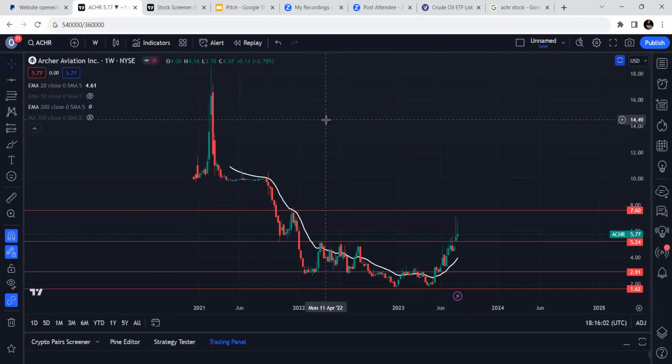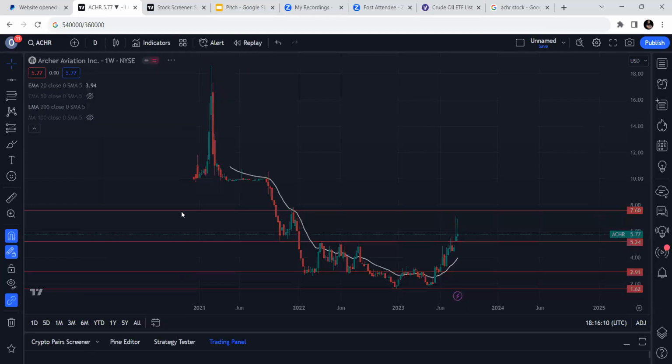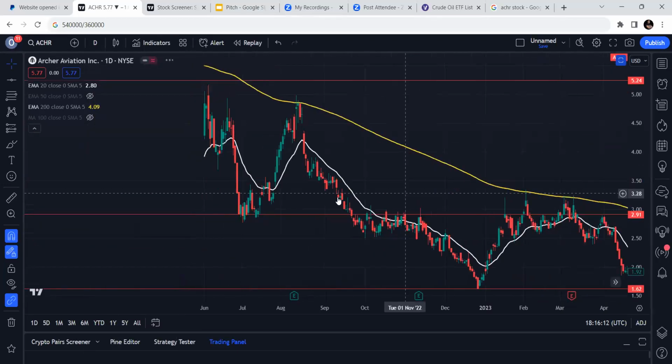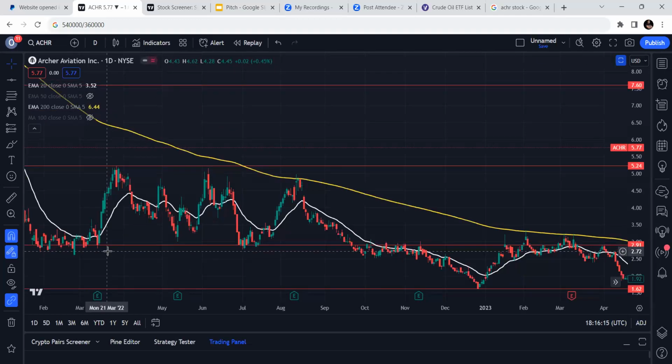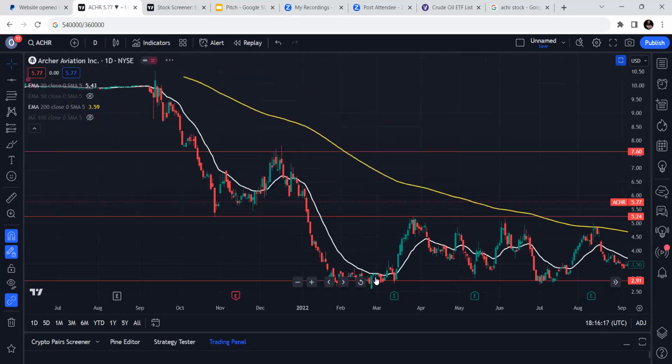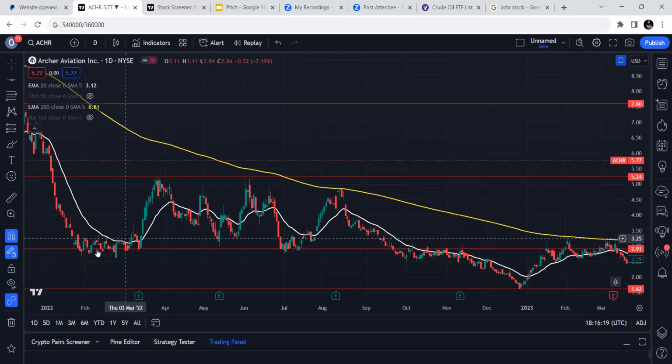Look at ACR, between January 2022 and May 2023. Let me expand this on my daily charts. You can see here, from January 2022, this stock had an established support. At some point, it broke down in September.